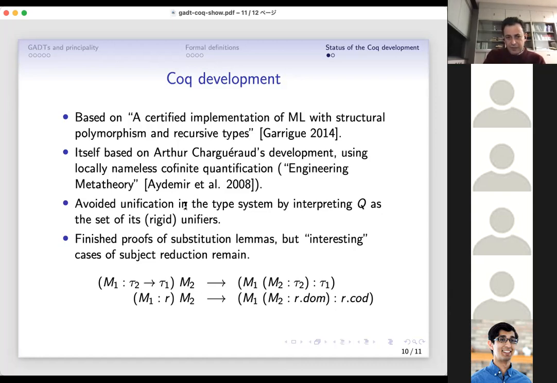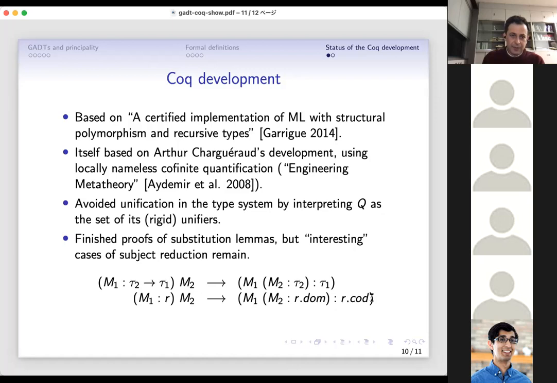We have already finished the proof of the substitution lemmas, but a number of interesting cases remain in subject reduction, particularly how to propagate type annotations in type applications. The interesting case, of course, is if you are annotated with a rigid type variable, you want to distribute it by using the domain and codomain.